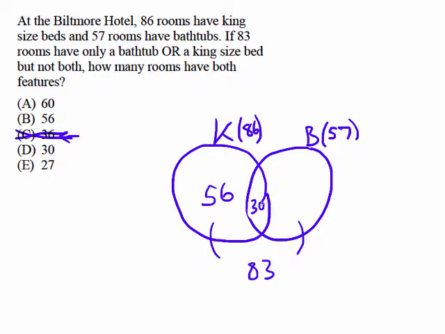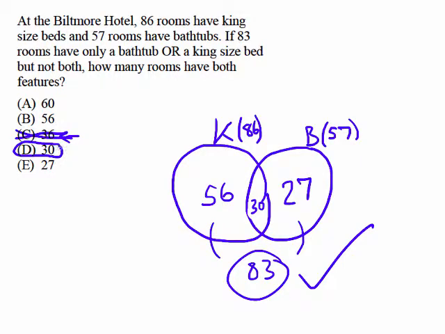And if there's 30 in the overlap, that means there are 27, 57 minus 30, 27 rooms that have only bathtubs. 56 plus 27 is 83. So that's going to be our answer. Our answer here is 30. There are 30 rooms that have both king-size beds and bathtubs.